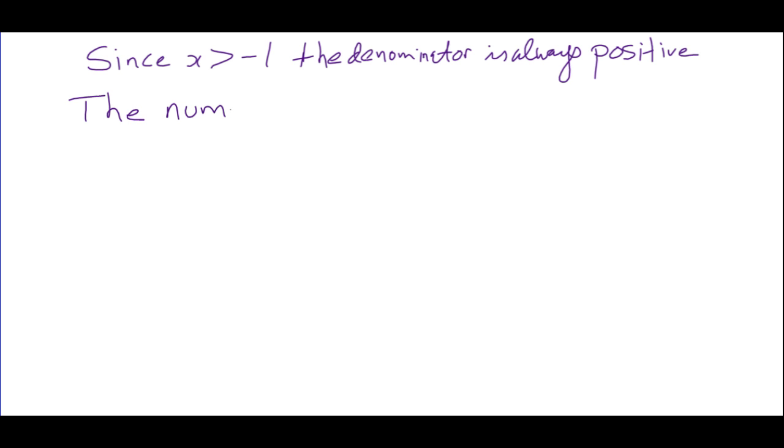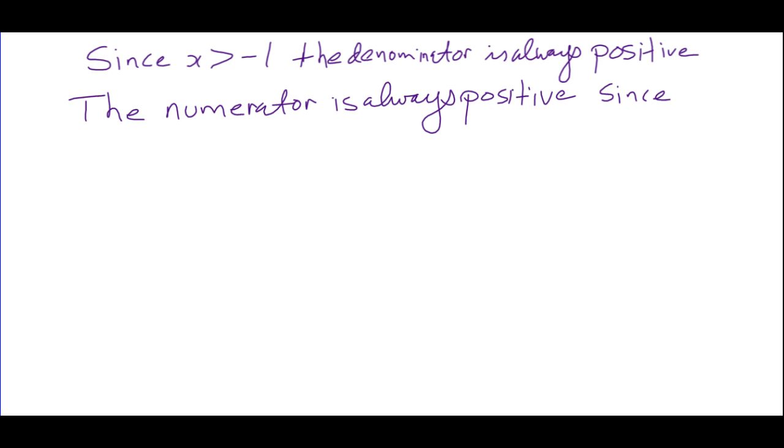The numerator is always positive. And you'll say, how do you know? Here's how we know. Let's look at b squared minus 4ac.